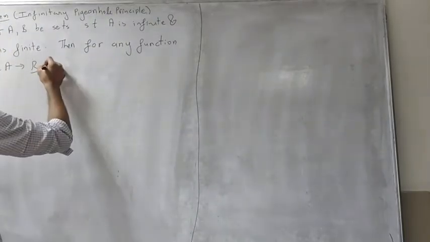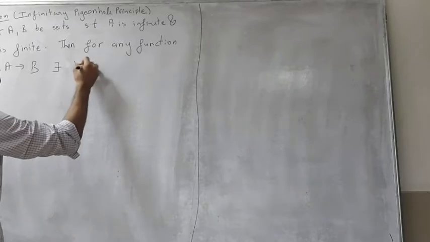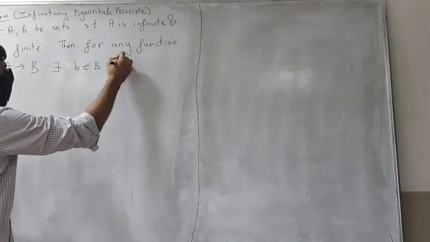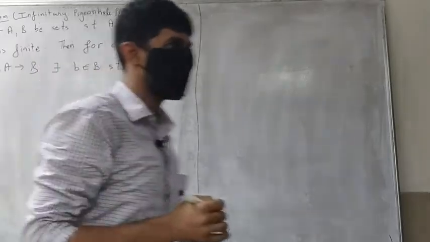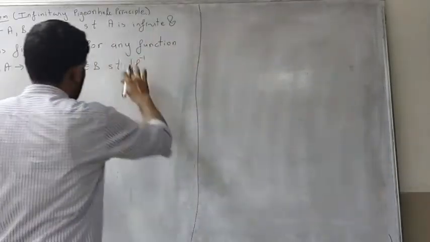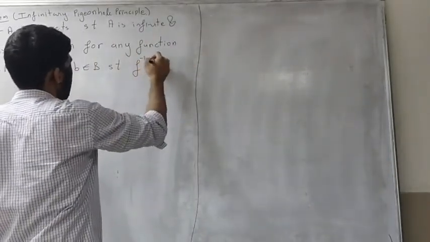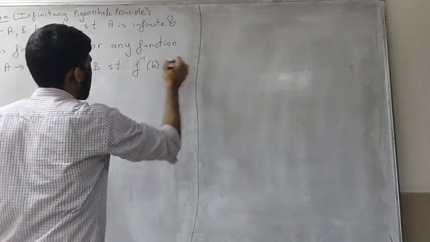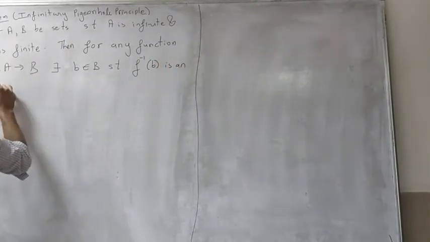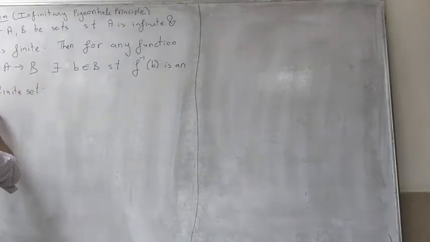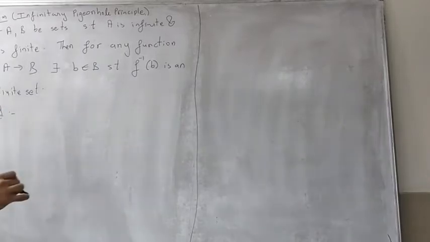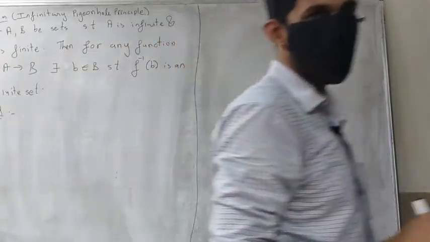So there exists a b in B such that f inverse of b is an infinite set. And I think all of you can give me a proof for this. This is just a fun theorem, but can you give me a proof?